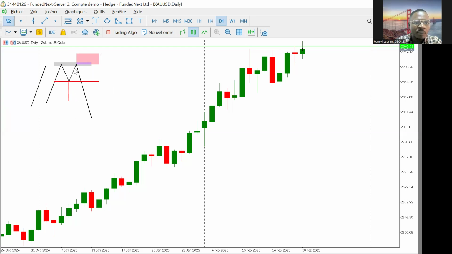This is the height of the pattern. You put the same height at the downside. When the price breaks the neckline, you get into the market and you set your goal somewhere here. This is our target line.